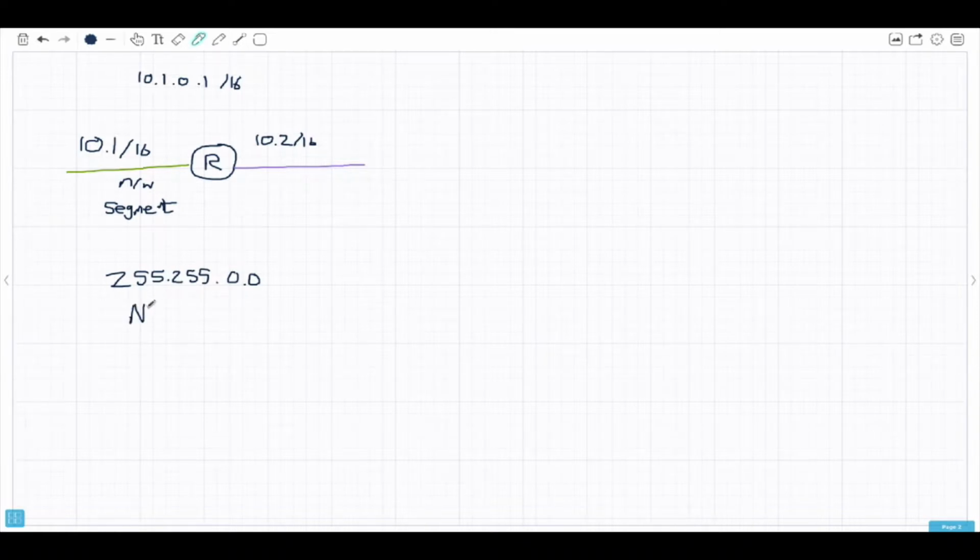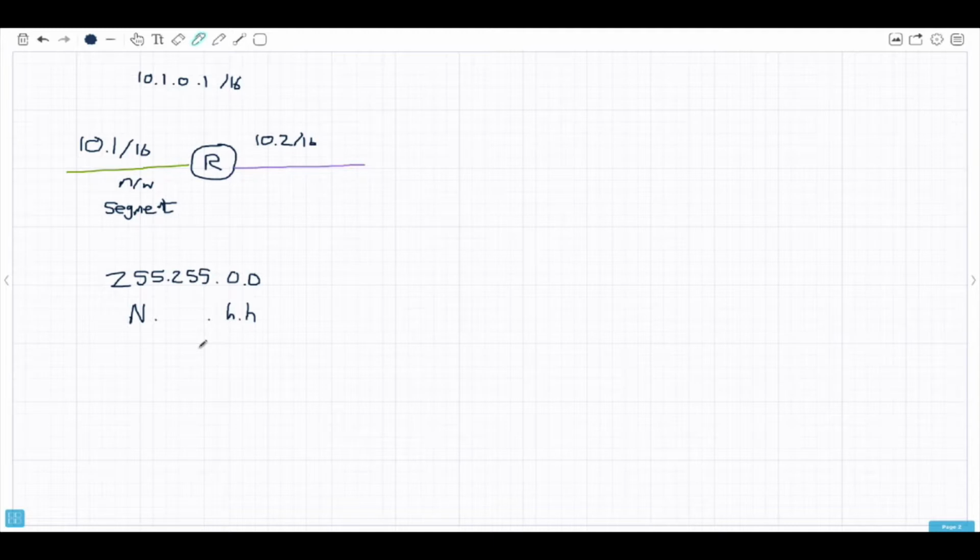It's a class A address, so the first field is network. It's a class A address, so the last 2 bytes, the last 2 fields are host. But by using ones in the mask in a host field, it's a secret code word we have with the router to say that we are stealing bits from the host field and we are using them in a special way.